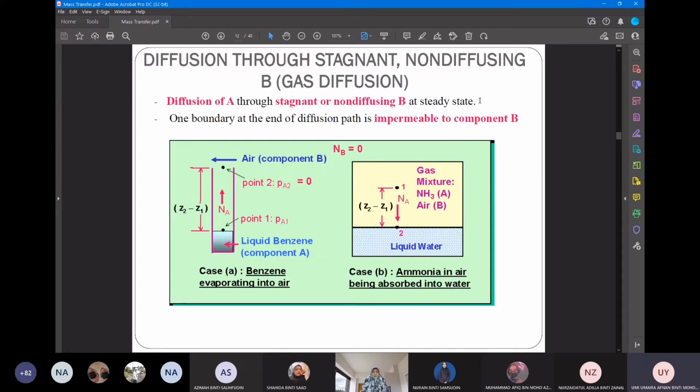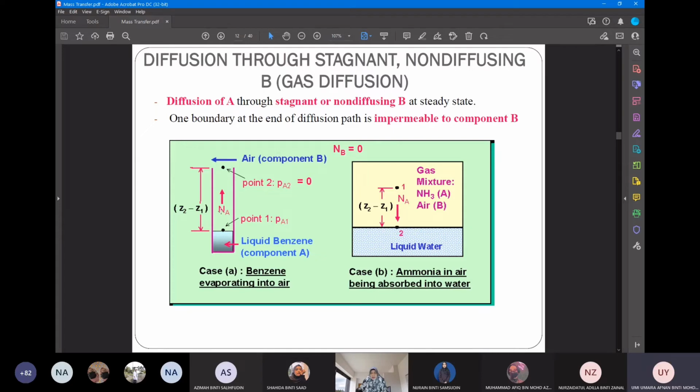One boundary at the end of the diffusion path is impermeable to component B, meaning that B cannot diffuse into the section where you have A inside. That is what impermeable means. So when you talk about diffusion through stagnant, you have a stagnant component inside here.